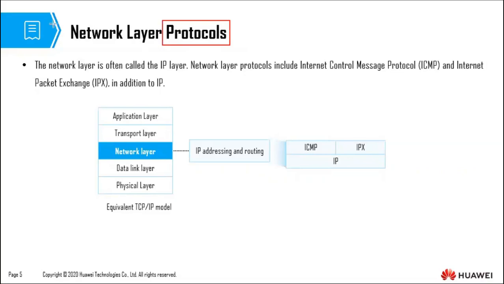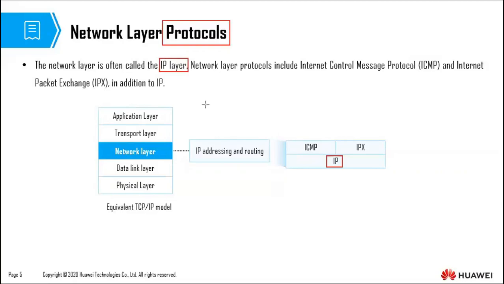Now, at the network layer, we have several protocols that operate there. One of the obvious ones that we've been talking about is the IP. In fact, that is the most commonly used protocol at the network layer. And that is why the network layer is also referred to as the IP layer.